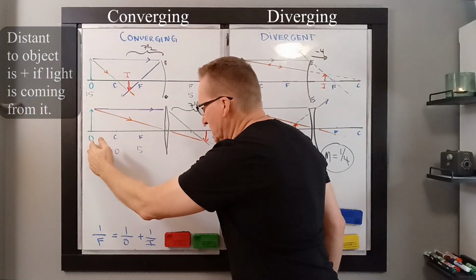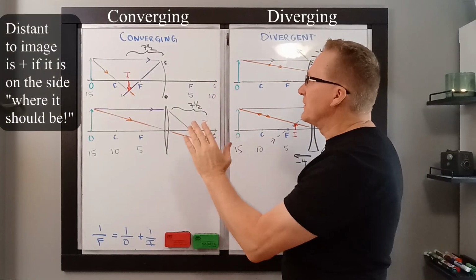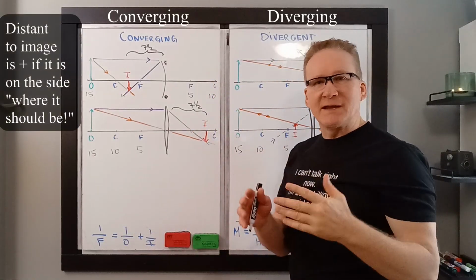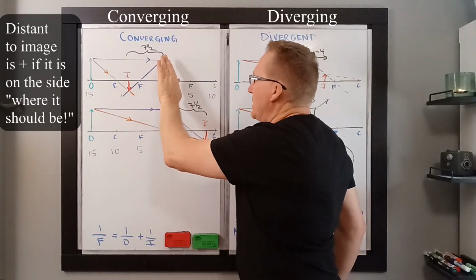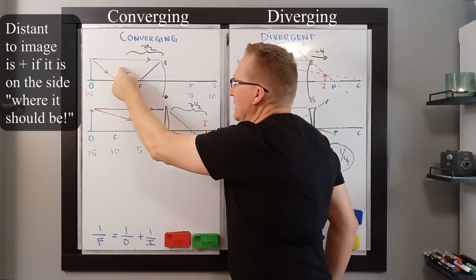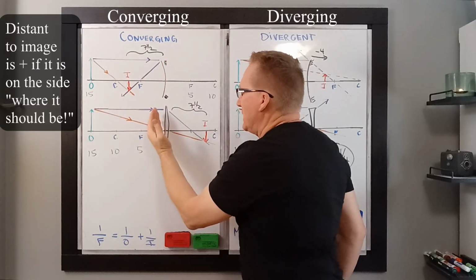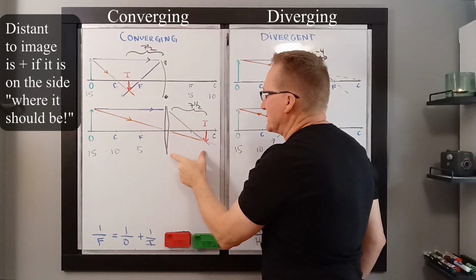So the distance to the object is positive. The distance to the image is positive if it is on the side where it should be. I'm using that to help you remember it. For a mirror, you would think things should be reflected on this side. So if the image is on this side, the distance is positive. For a lens, if the image is on this side, that distance is positive.